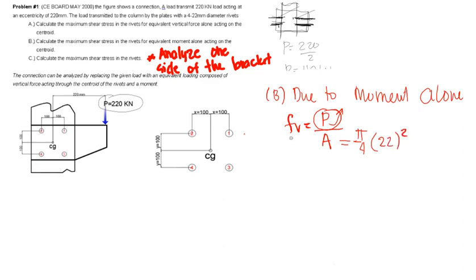So, para makuha natin yung maximum shear stress in the rivet for equivalent moment alone, kailangan muna nating isolve yung P doon sa ating bracket, doon sa ating bolt. I-carry nung ating bolt that is due to the moment.